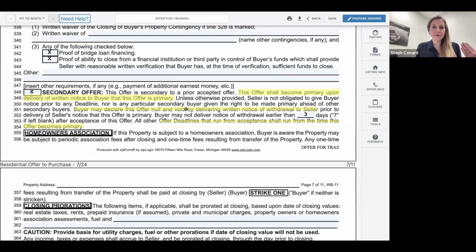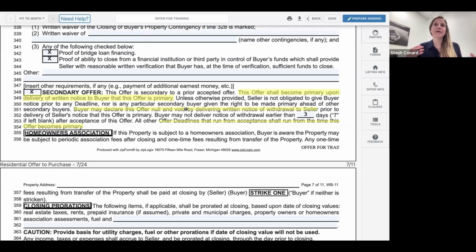So if the offer falls apart with buyer A, and the seller wants to move on to buyer B, they do that with a notice to the offer to purchase saying this offer is now in primary position. Unless otherwise provided, the seller is not obligated to give the buyer notice prior to any deadline, nor, and this is a key phrase, is any particular secondary buyer given the right to be made primary ahead of other secondary buyers.